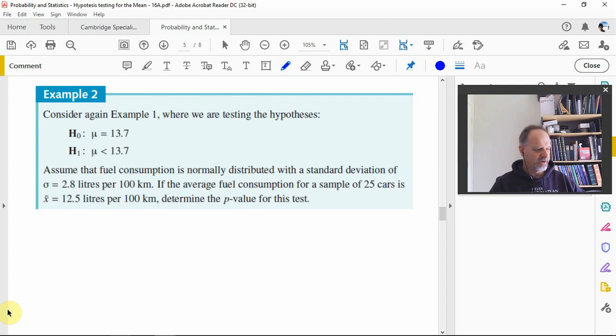All right, so p-value. Remember what the p-value is. Let me look on this sheet.